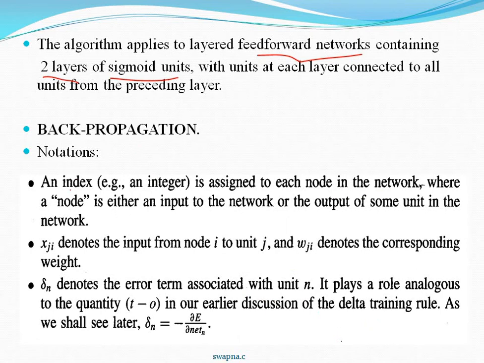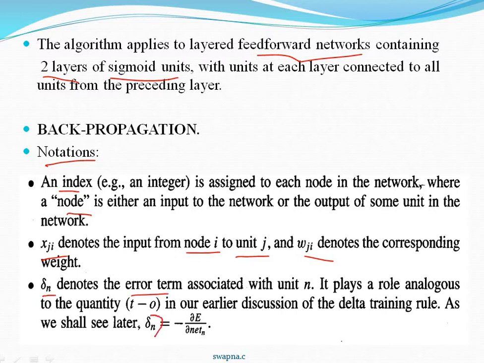So the notations we use in the back-propagation algorithm are: indices are given with integer numbers like j and i for each particular node. XJI denotes the input from node I to node J, and WJI, as we already told you, is the representation for the weight. Delta n denotes the error term.